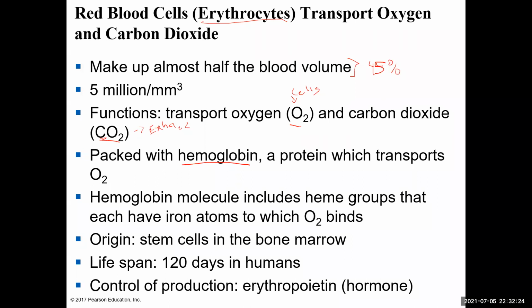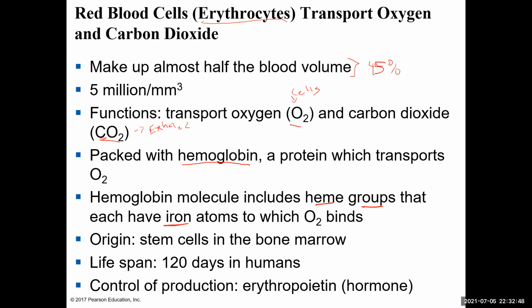Hemoglobin molecules have heme groups, and each heme group has one iron atom that the oxygen molecules bind to. Then the red blood cells carry them to the appropriate cells, drop that oxygen off, pick up carbon dioxide, and take it back to the lungs.